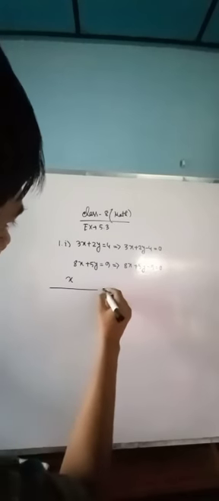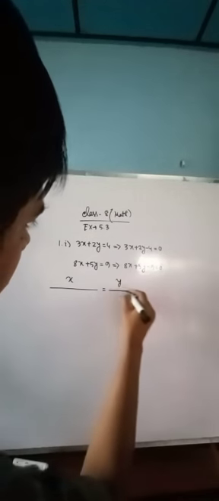Clear? Now you write x, y and 1. Always keep x by this, y by this and 1 by this.